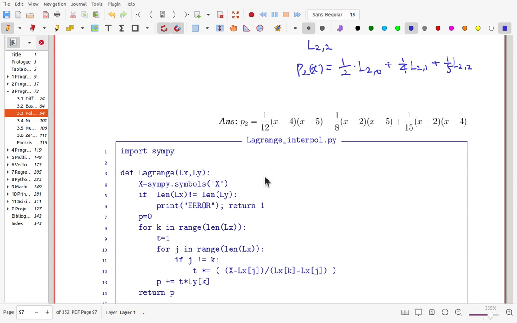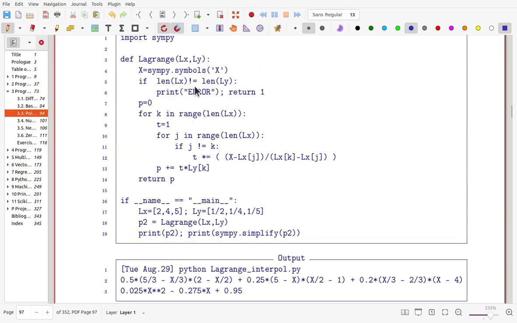So you may try to use Python, and by using the symbolic package SymPy. And here we define Lagrange, that is x values, y values, the theta values. Once the lengths of them are different, then it's an error and the program stops.